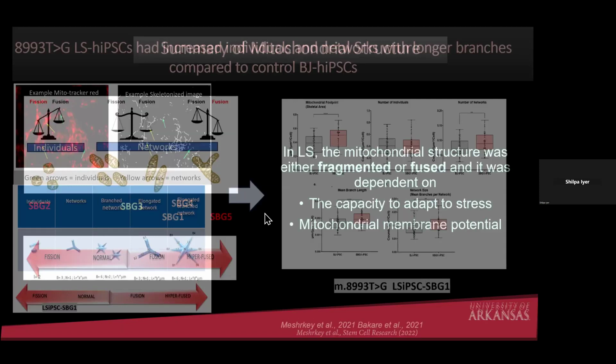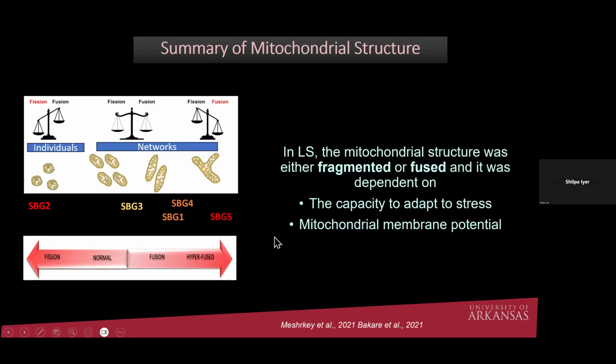Summarizing, in those 5 lines, one of the patient skin cells exhibited a more fission-like morphology, two showed elongated networks, one was hyperfused with an elongated and branched network, and one was physiologically normal, like the control.